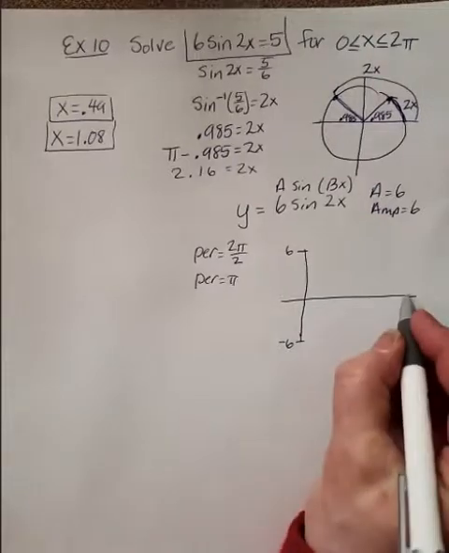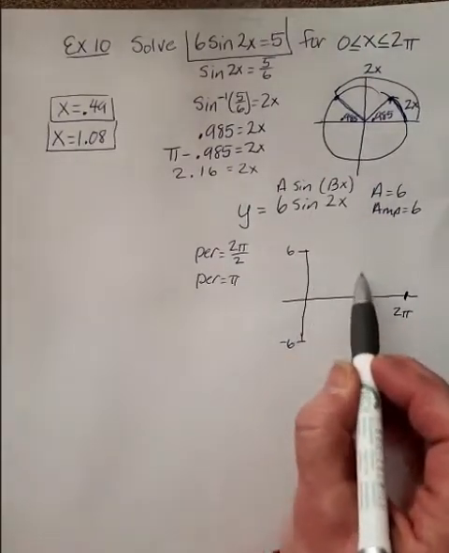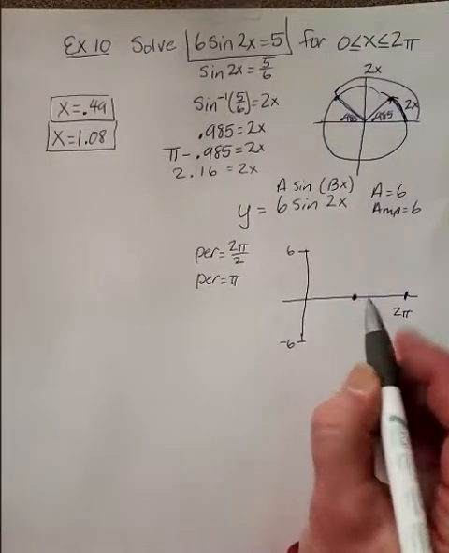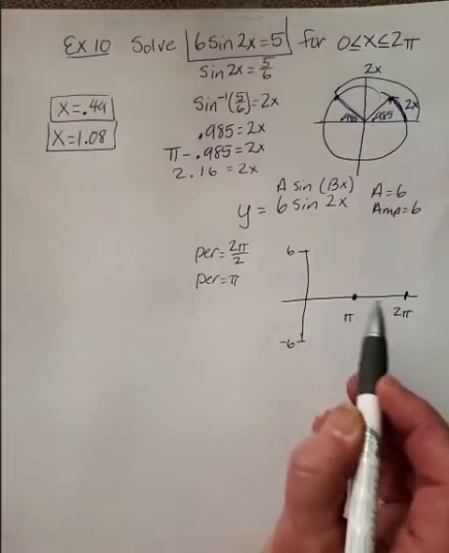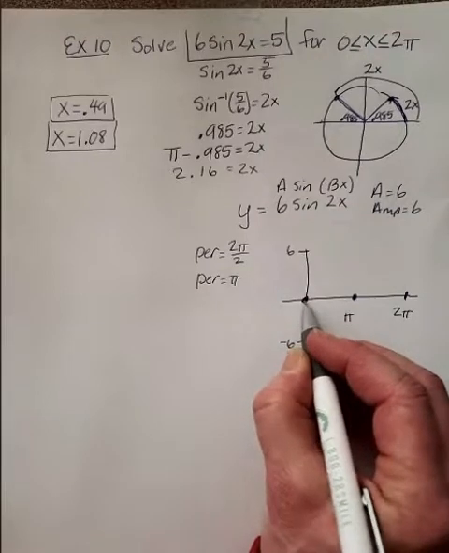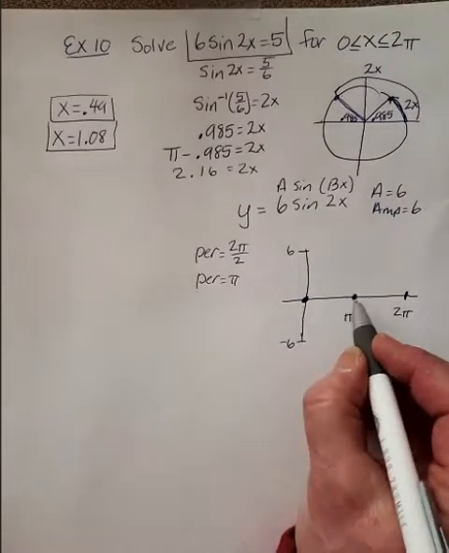That means from 0 to 2 pi, there's not just one cycle of the sine wave, there's going to be 2 cycles. One cycle is going to take place from 0 to pi. So the sine wave begins at the origin if it's not being shifted up or down. It ends where the period ends.